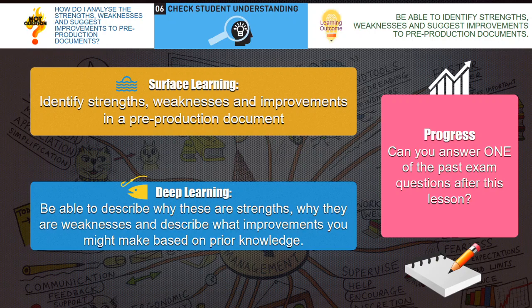And hopefully now, after looking at those examples, you can all answer past exam questions based on what you've covered today. Now, do remember that this is the highest value question on the exam paper. So it is really important that you can answer these types of questions effectively. And if you can, it goes a long way towards securing your mark.